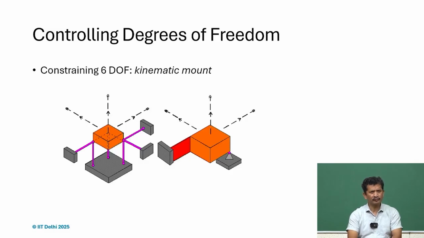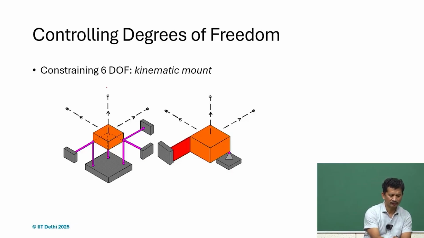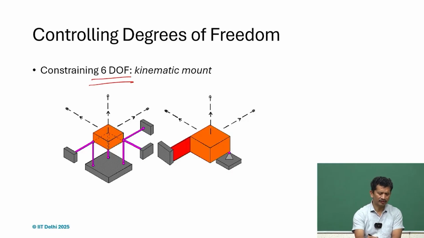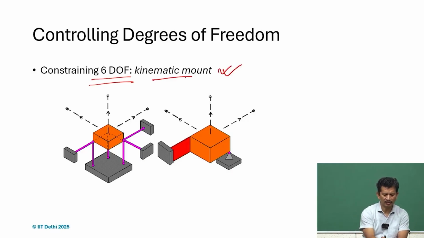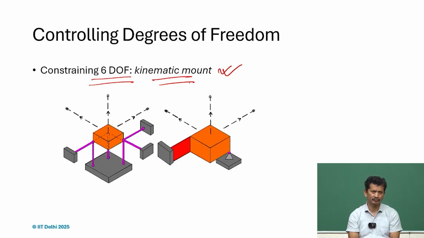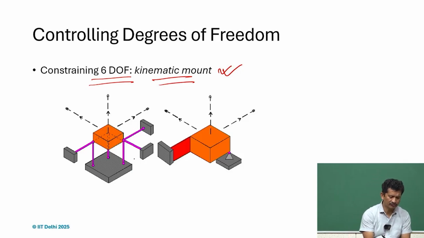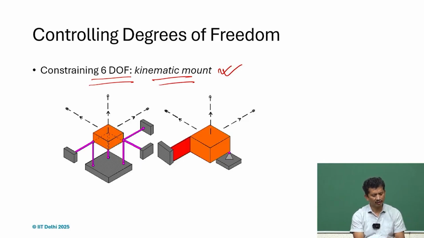So, moving on. We talked about 5 degrees of freedom, then 4 degrees of freedom systems, 3, 2, 1, and when we constrain all of them. Constraining all 6, what we get is the kinematic mount or kinematic clamp. Again we can use the same technique and name the constraints. There can be various ways to explain.